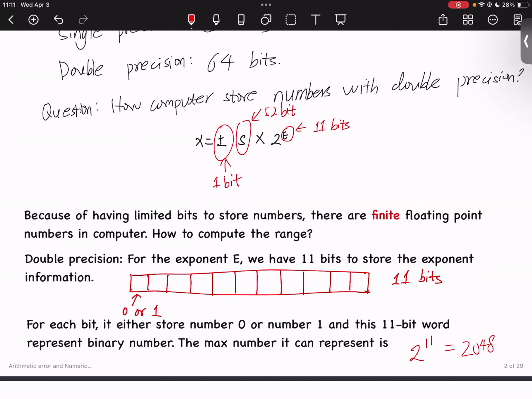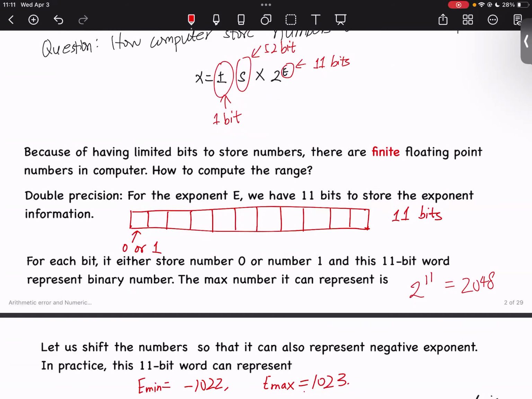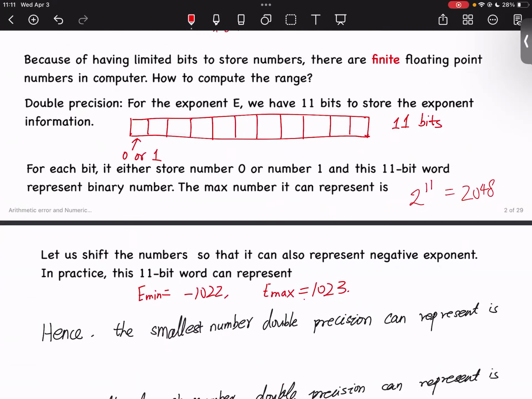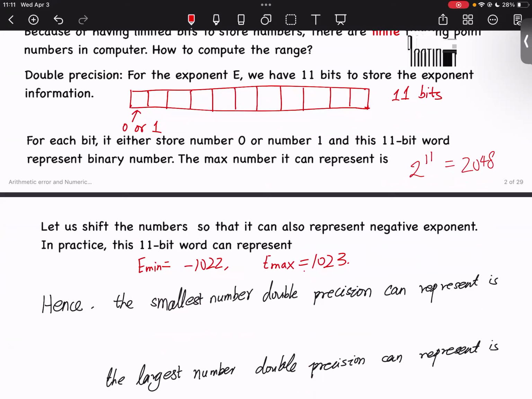But actually in the computer, the maximum or the minimum of the exponent should be this. Let's shift the 2048 a little bit to the negative axis, and then we get the negative number. But there's something happening in the computer, and you can look it up with ChatGPT. It will tell you the answer.